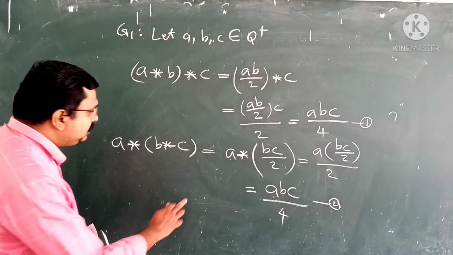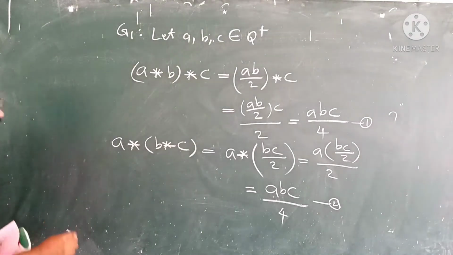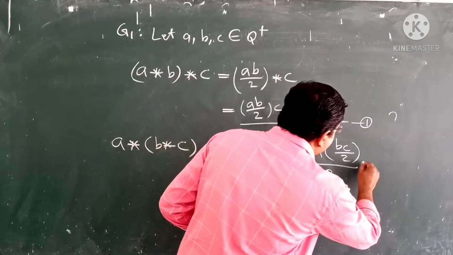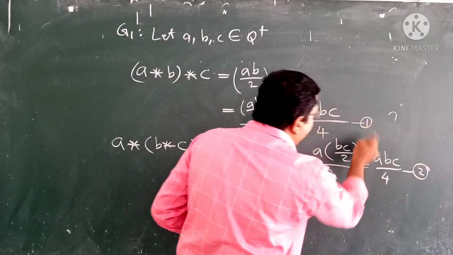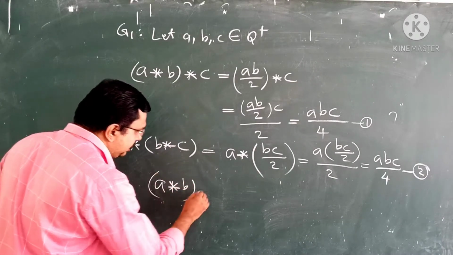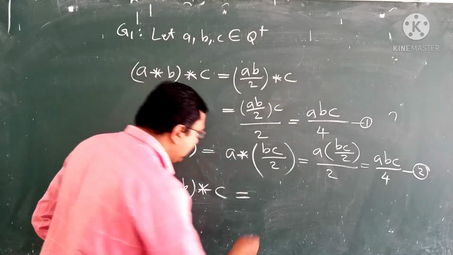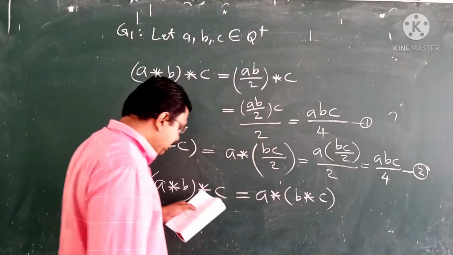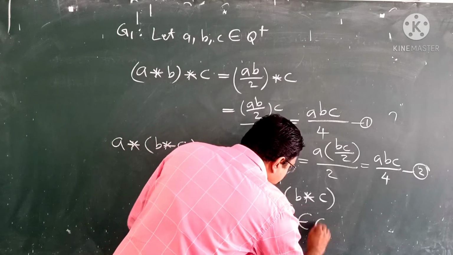The conclusion is, from 1 and 2 we can write, this is our equation number 2, abc by 4. From 1 and 2, we can write (a star b) star c is equal to a star (b star c) for every a, b, c belonging to Q plus.